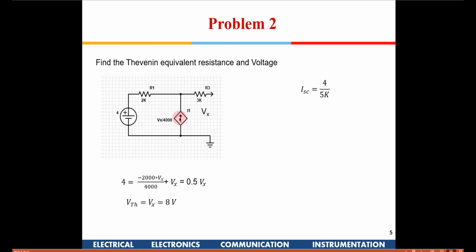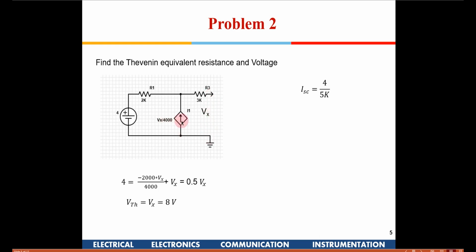Had it been a dependent voltage source, say Vx times something, and Vx is equal to 0, then that would become a short circuit. Whereas this is a dependent current source, and I am going to short these two terminals. So when I short to find the short circuit current, Vx has become 0.